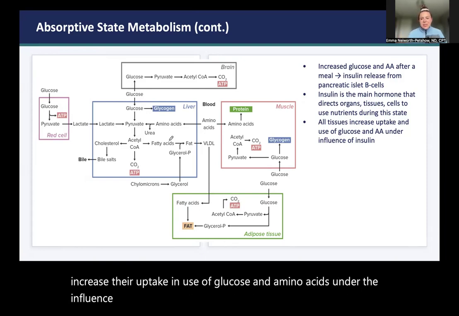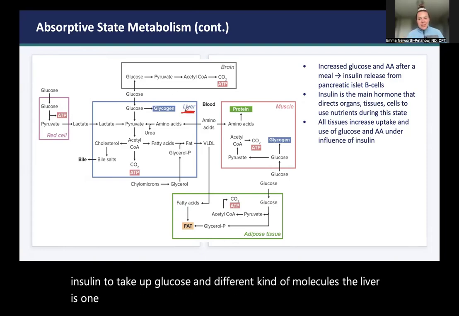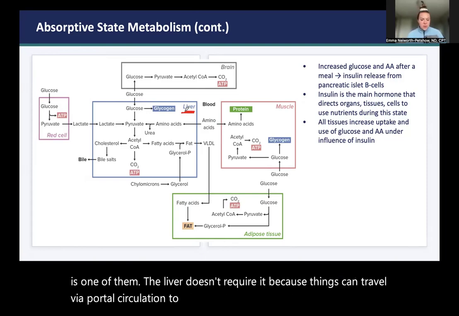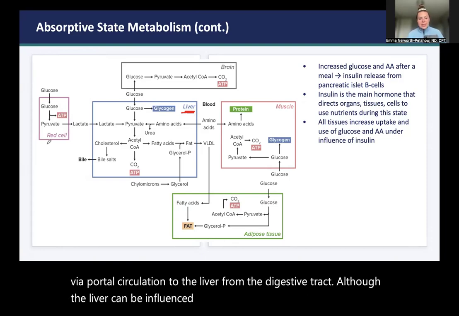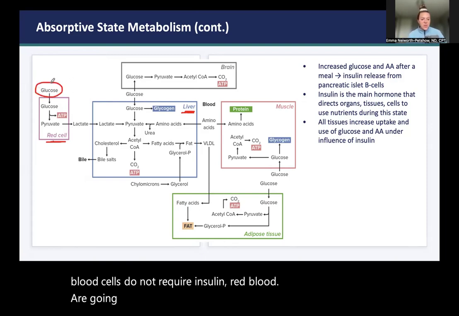But there are a couple of tissues that don't require insulin to take up glucose and different kinds of molecules. The liver's one of them. The liver doesn't require it because things can travel via portal circulation to the liver from the digestive tract, although the liver can be influenced by insulin, but doesn't require it. Red blood cells do not require insulin. Red blood cells are going to only use glucose as fuel to create ATP.